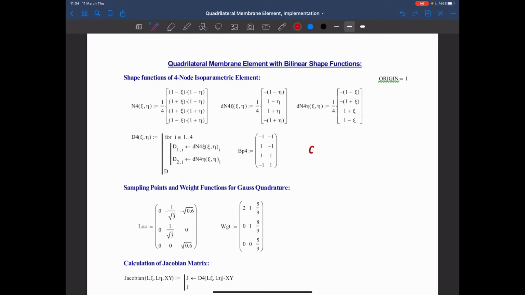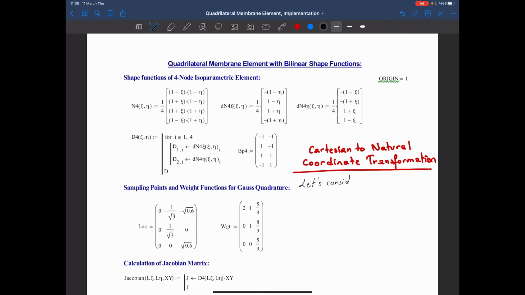So, Cartesian to natural coordinate transformation. Let's briefly discuss that. So let's consider a function f defined in the natural coordinate system.